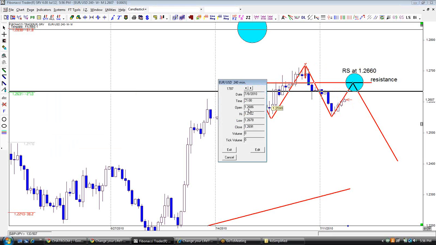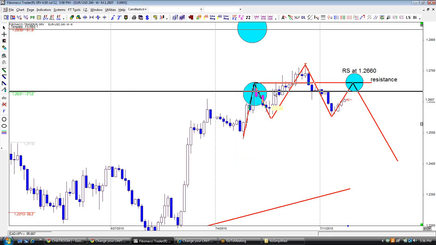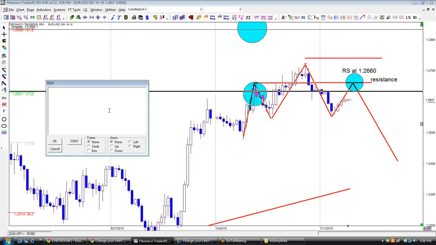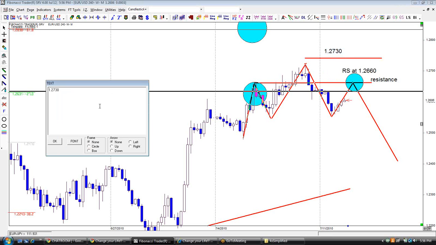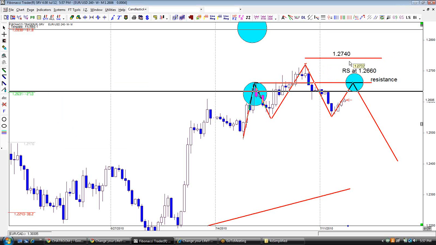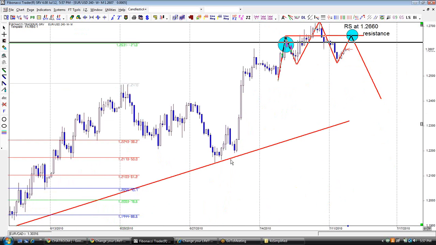The head is at 127.22. If we want to place the stop, it needs to be somewhere at 127.30. I'm sorry, 40. Not too bad, an 80 pip stop. But do we know if price will reverse or will continue this?